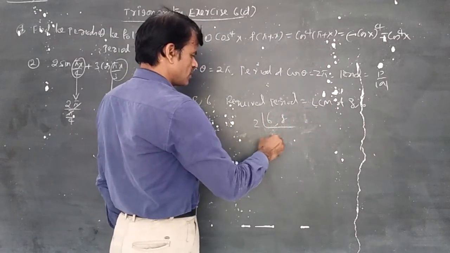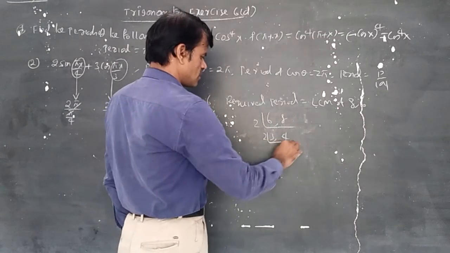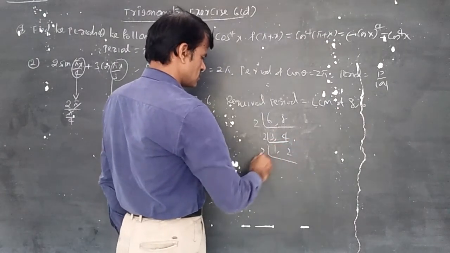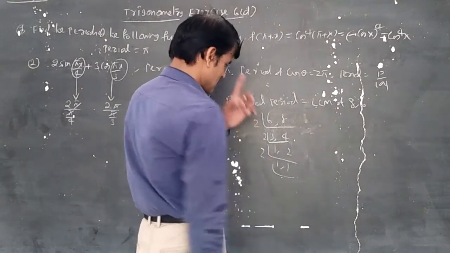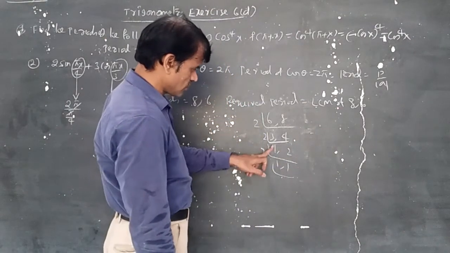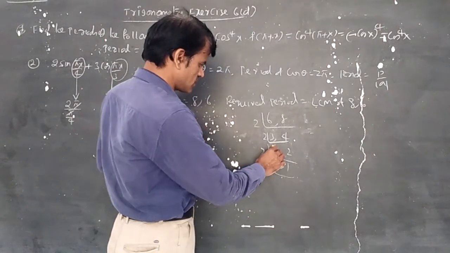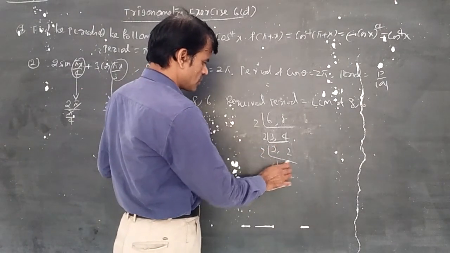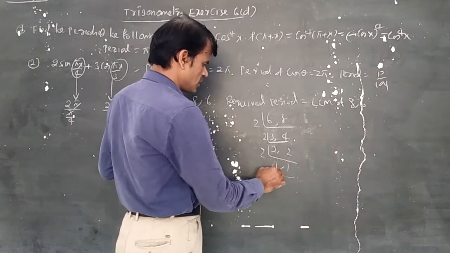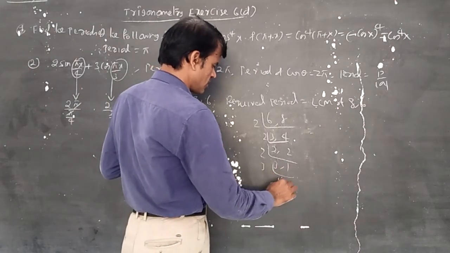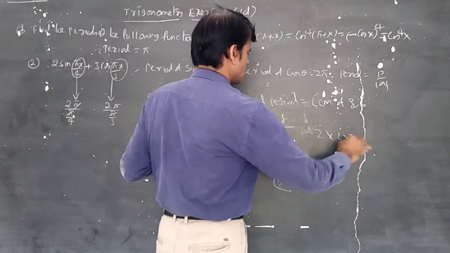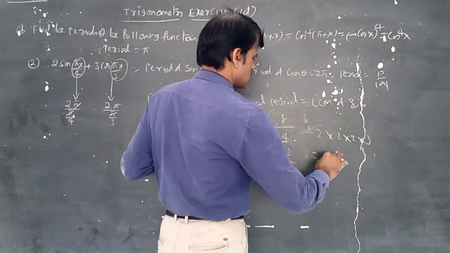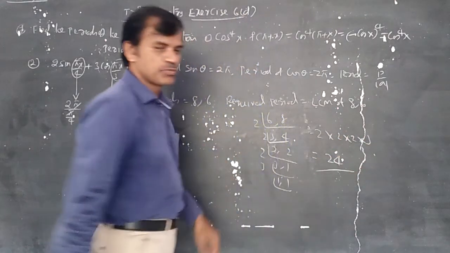Divide by 2: 8, 6 gives 4, 3; then 2 again gives 2, 3; then 2 again gives 1, 3. Whenever a number is not divisible, simply write it as it is. Then 3 gives 1, 1. So 2 into 2 into 2 into 3, that is equal to 24, is the period of the function.